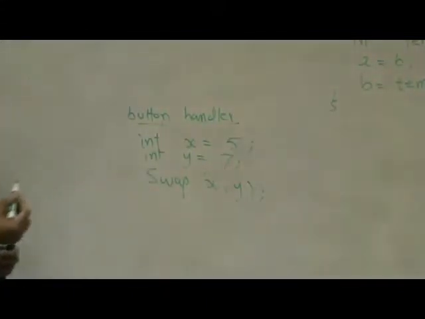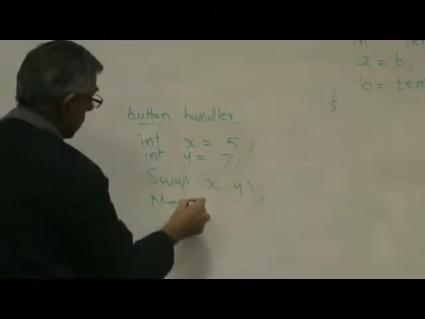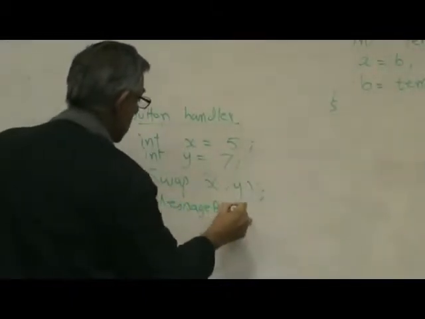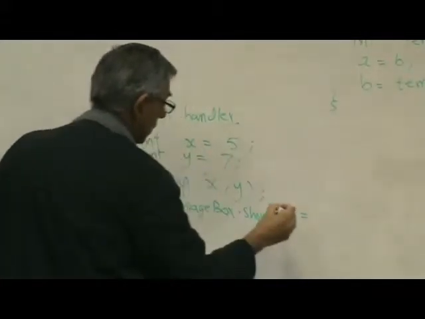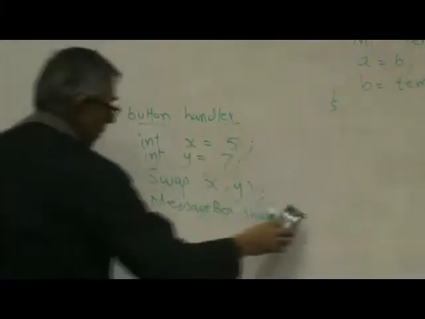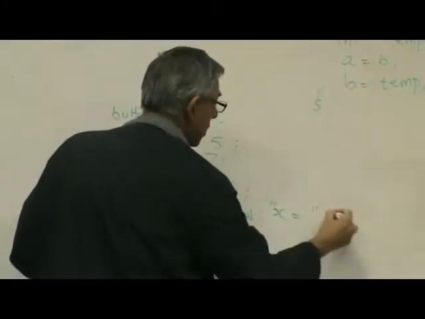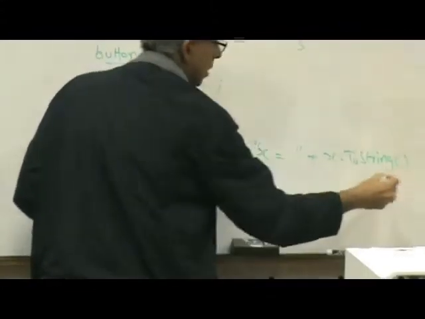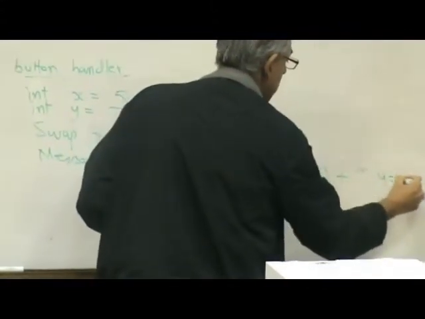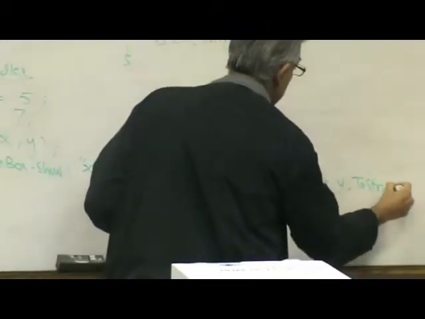Then you'll try to print out the values, in whatever message box you show: x equal to plus x.ToString plus y equal to plus y.ToString.